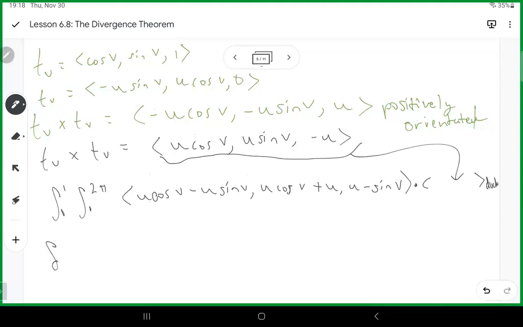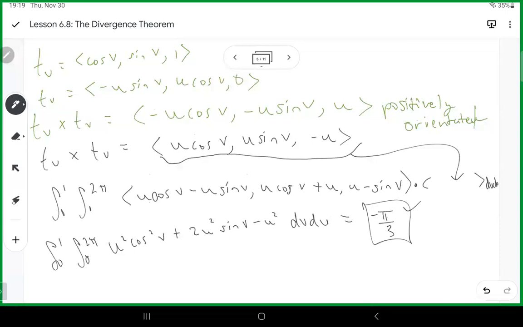Okay, so then it's 0 to 1, 0 to 2 pi, u squared cosine squared v plus 2u squared sine v minus u squared, dv du, which gives us negative pi over 3 for that piece.